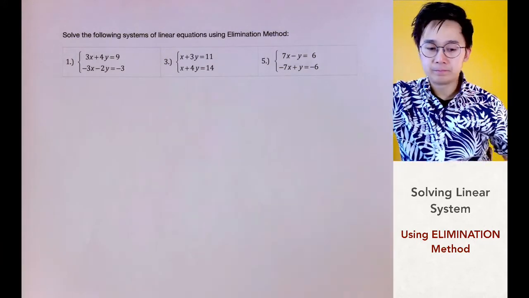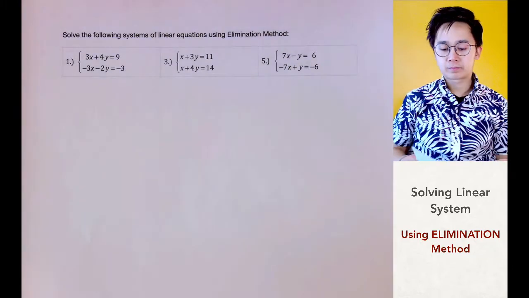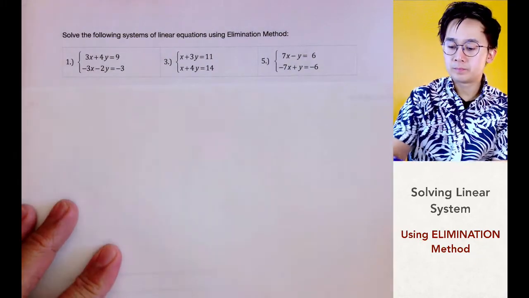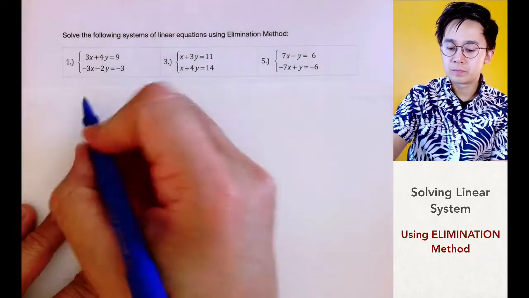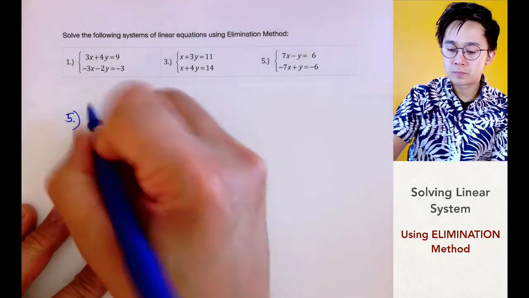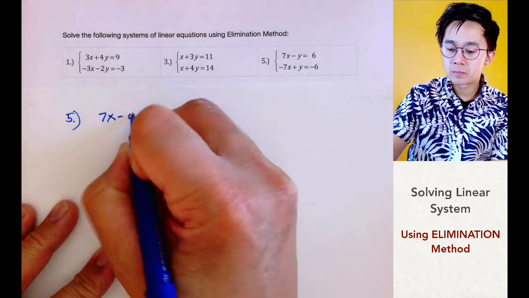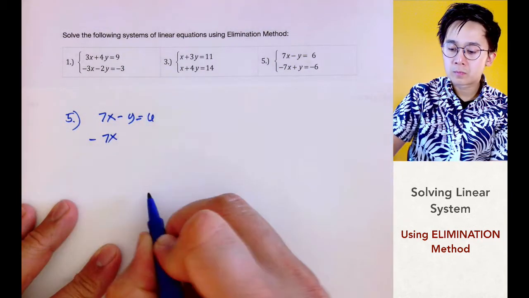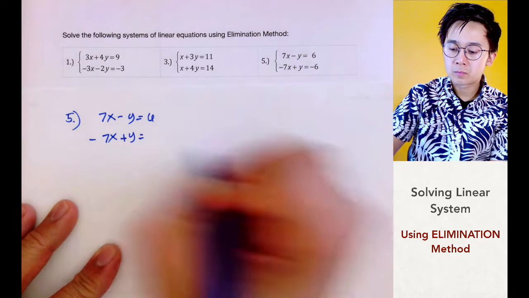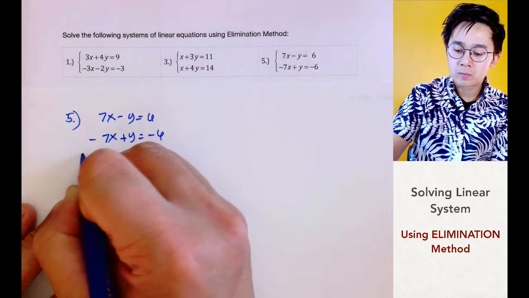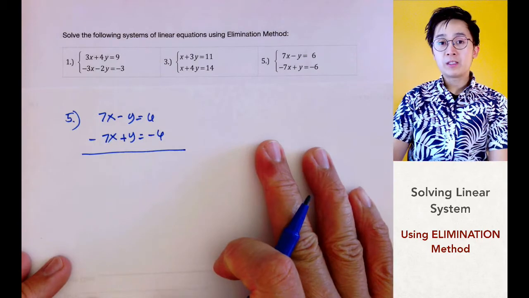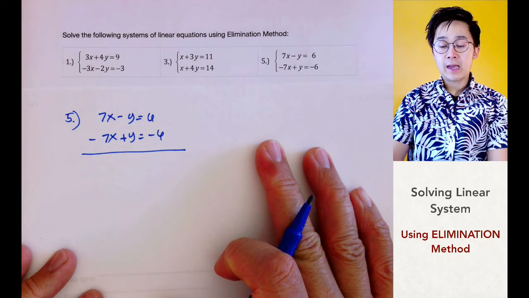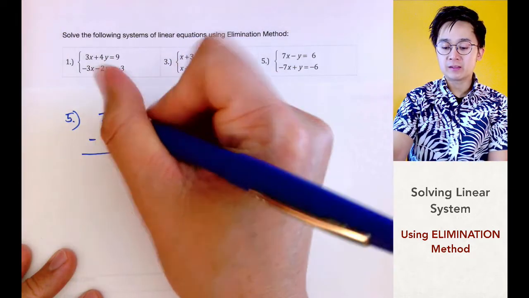Now, dun sa pangatlong example, mapapansin nyo, meron agad tayong zero pair dito sa ating example kasi 7 minus 7 is 0.